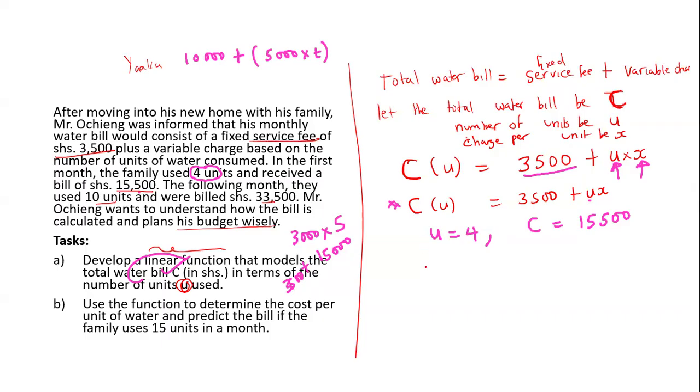Where we have C, I'll put 15,500 is equal to 3,500 plus the number of units, which are 4, times x.